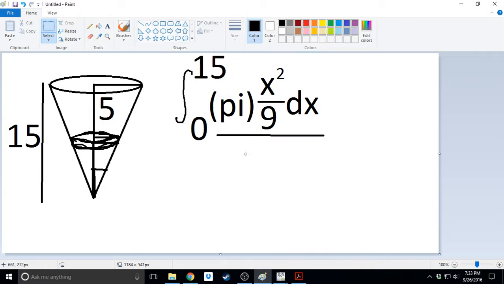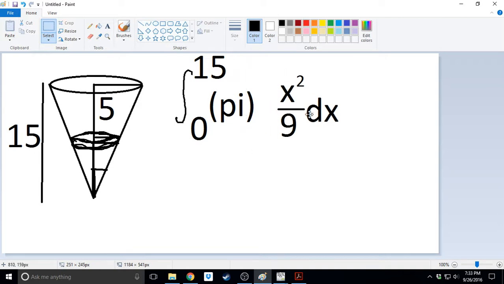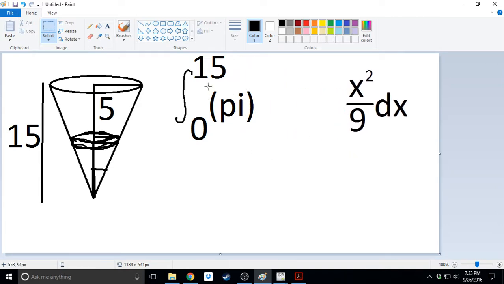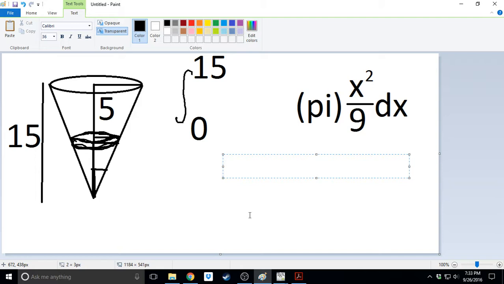So what we need to do now is convert from a volume of a cone to a weight of water. Fortunately, that's not hard. We know that if this is how many cubic feet of water there is, every cubic foot of water weighs 62.5 pounds.